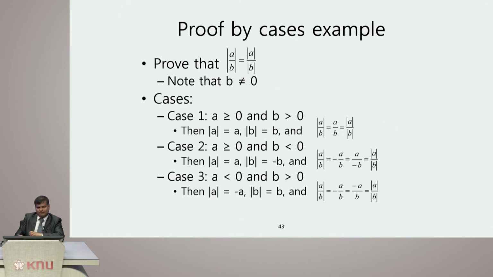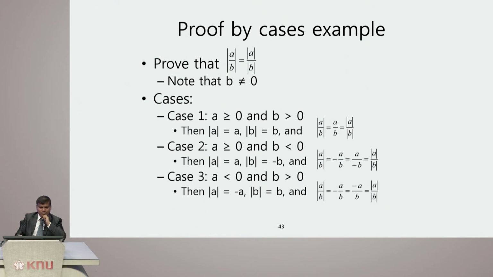Case 3: a is less than 0 and b is greater than 0. In this case, the absolute value of a equals minus a, the absolute value of b equals b, and the absolute value of a by b equals minus a by b, that equals the absolute value of a by the absolute value of b.